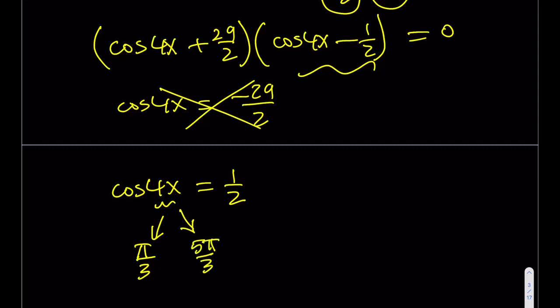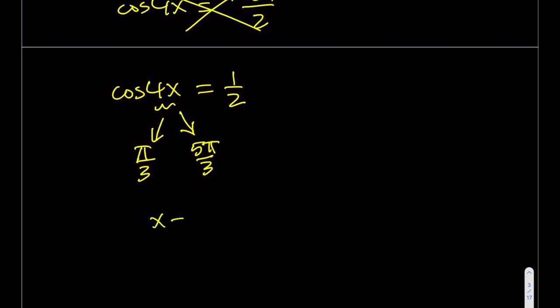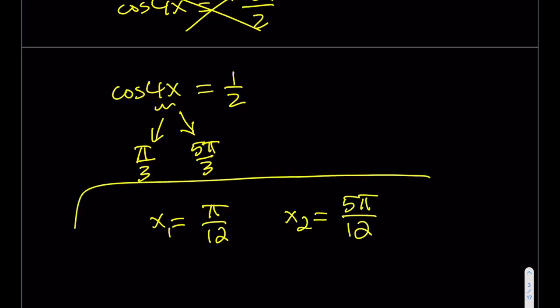Okay, as you know, these two angles add up to 2 pi, and x is still in the first quadrant, because what we're going to do here is divide both sides by 4, and we're going to be getting as x1, which is our first solution, pi over 12, and x2 is going to be 5 pi over 12, and you can easily verify that they're both in the first quadrant. All right, so those are my solutions, and the other solutions can be easily obtained.